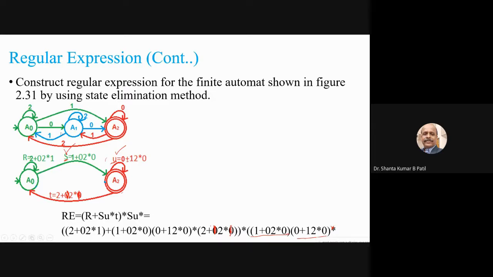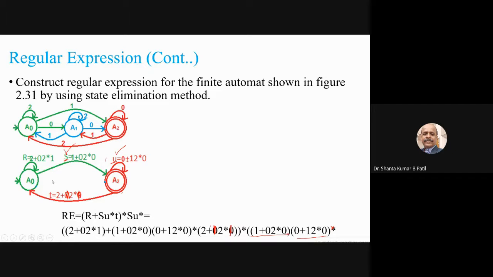The concept used is the state elimination method. In the state elimination method, finally the equation for the regular expression, which we had already derived in the theory, is R plus S U star T star S U star. R is the loop on the initial state.